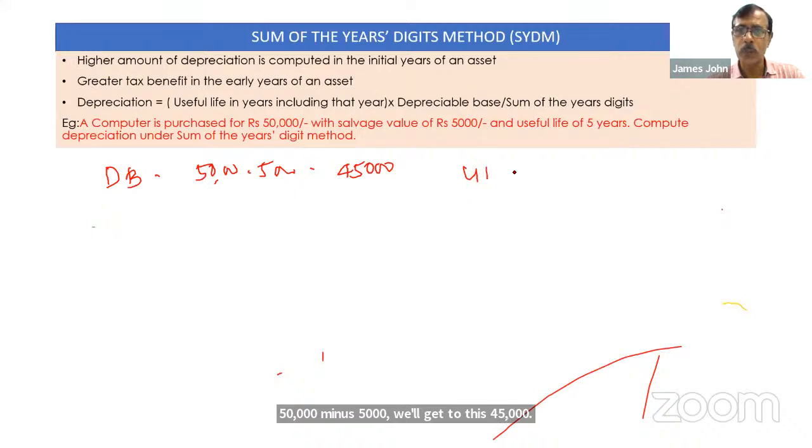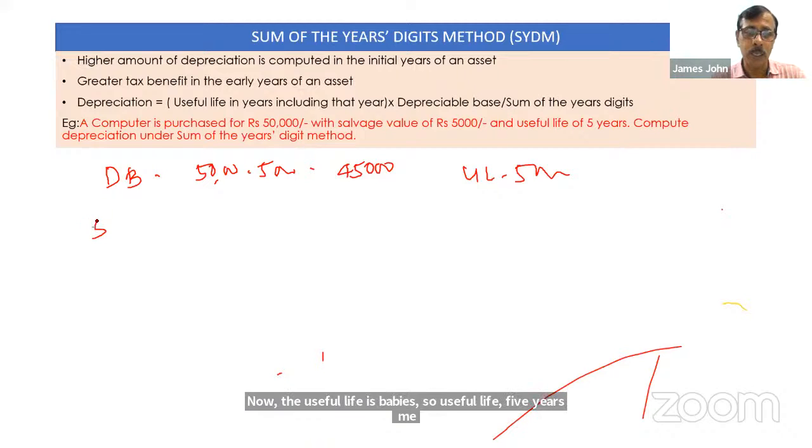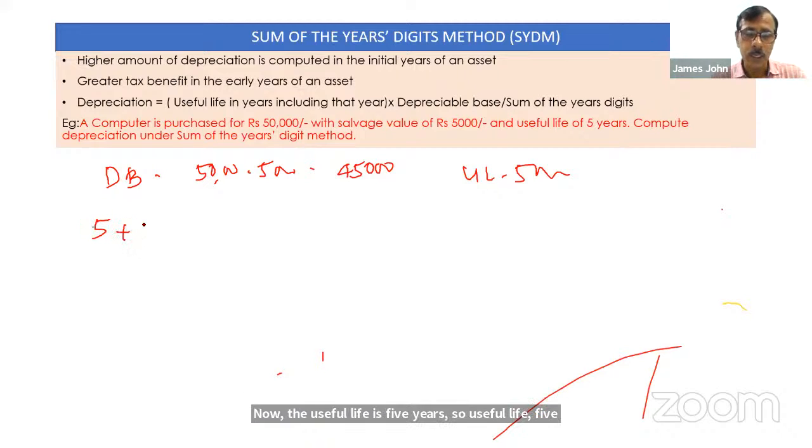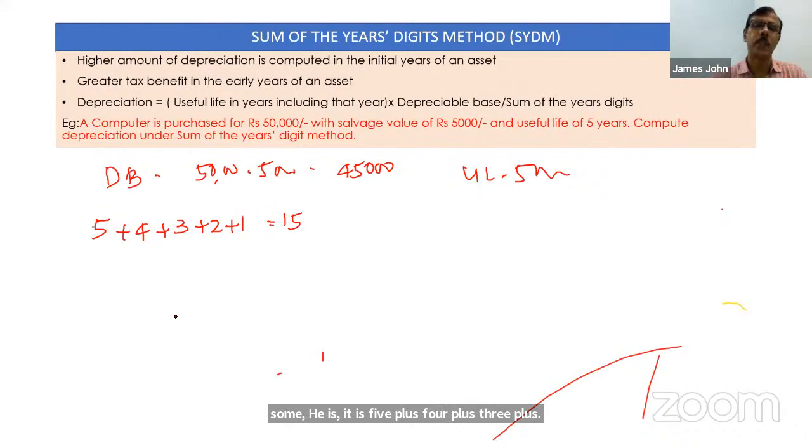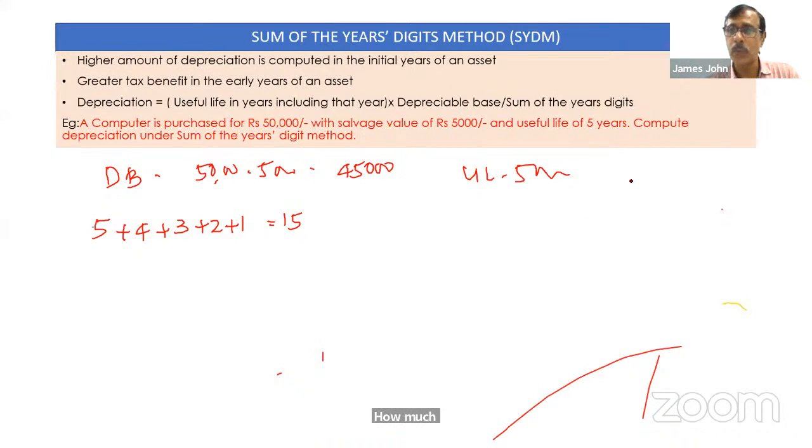So useful life 5 years means you have to calculate the sum of the years. To get the sum of the years, it is 5 plus 4 plus 3 plus 2 plus 1. How much will you get? 15, sir. It is 15. Suppose the useful life is 10. What will be the sum?